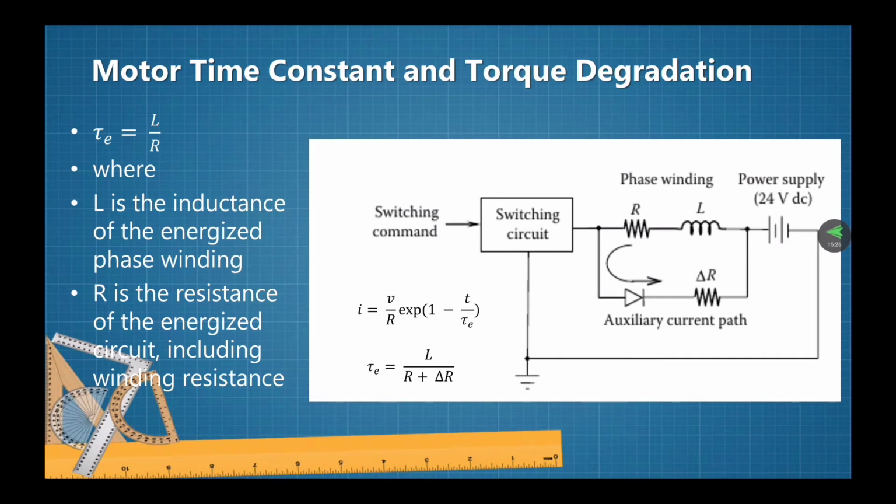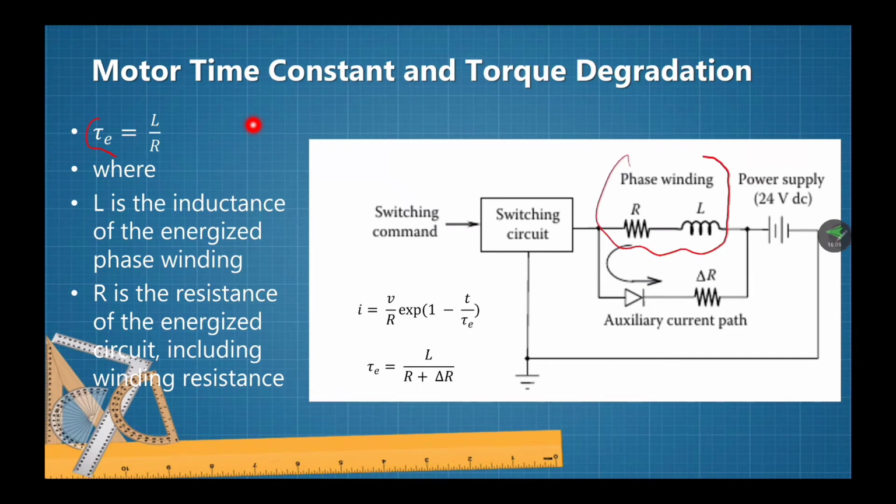The electrical time constant of the motor is given by tau E equals L per R, where L is the inductance of the energized phase winding and R is the resistance of the energized circuit, including winding resistance.